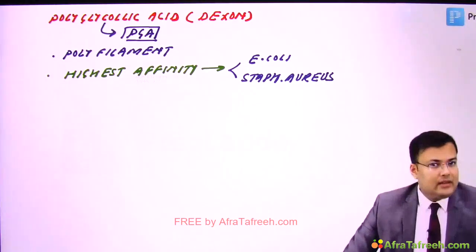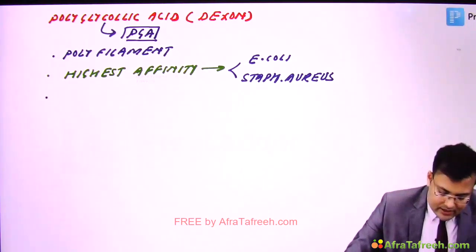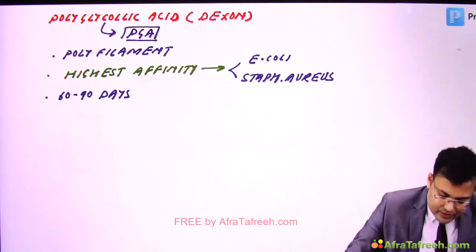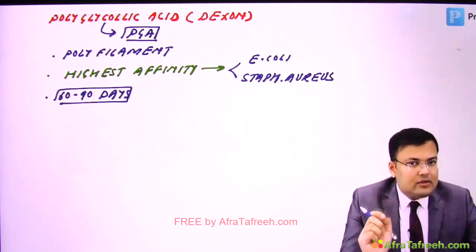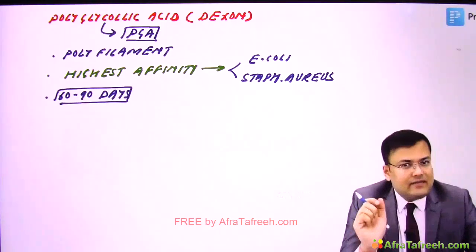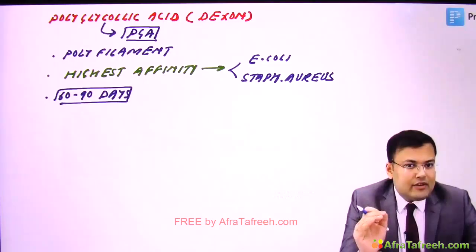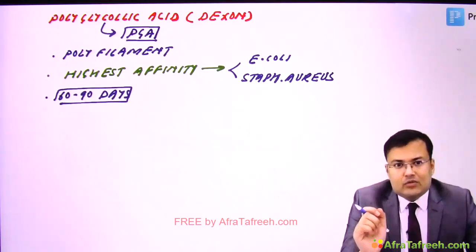Clear? And this suture is absorbed in 60 to 90 days. So the two important questions asked are that Dexon has the highest affinity for adherence to E. coli and Staph aureus, and it is absorbed in 60 to 90 days.